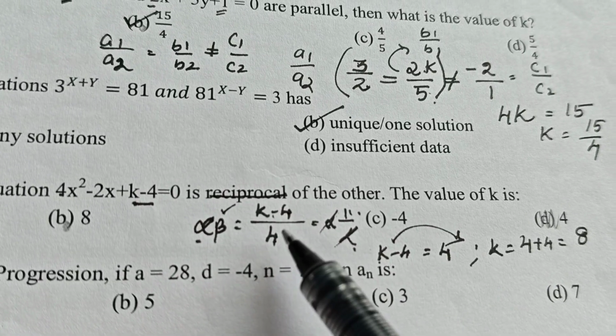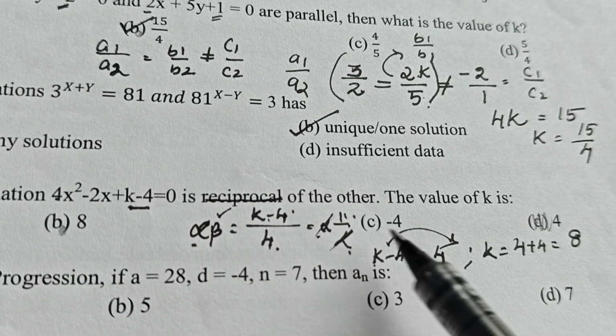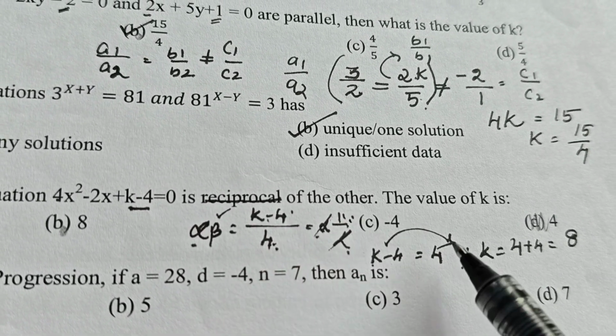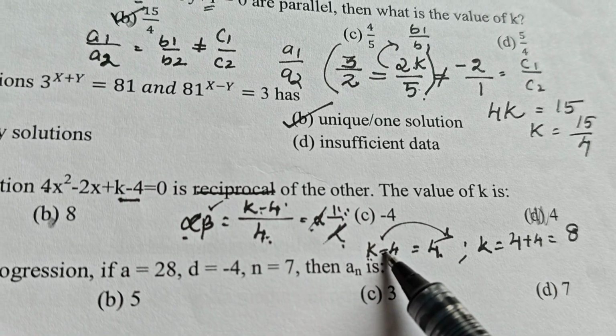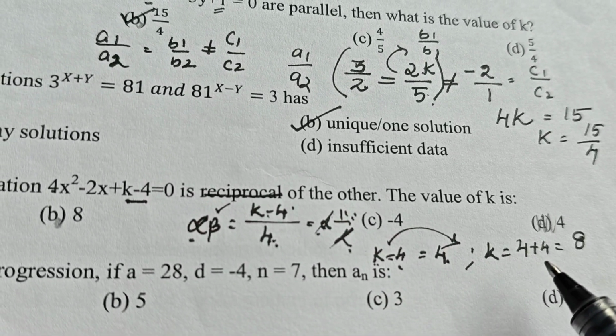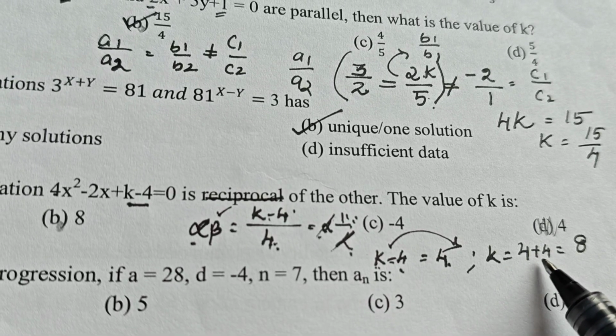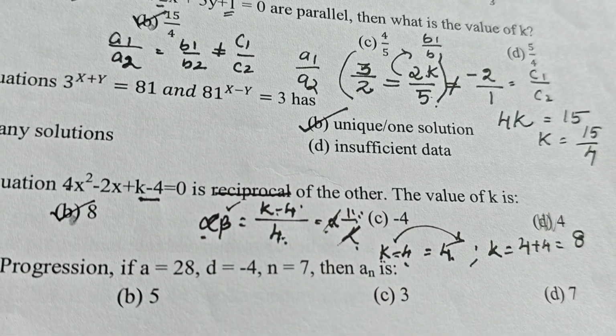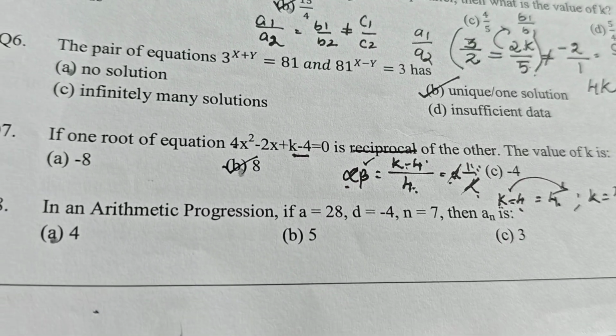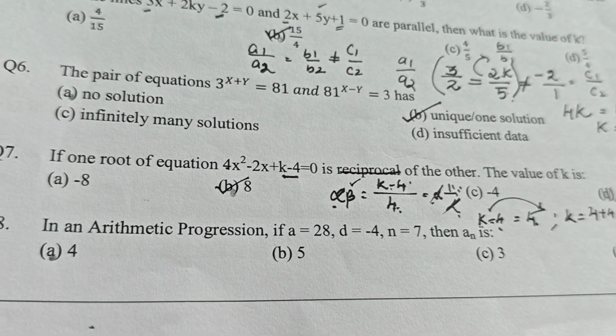So k minus 4 by 4 equal to 1 you are getting. So 1 into 4, 4. Left side k minus 4. So this minus 4 will move to the right side and become plus 4. So 4 plus 4, 8. K equal to 8. Option B is the right answer for question number 7.